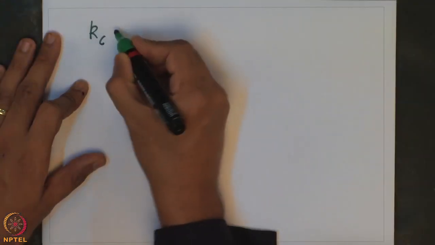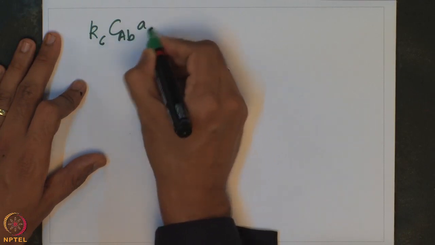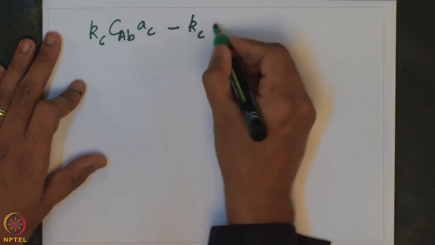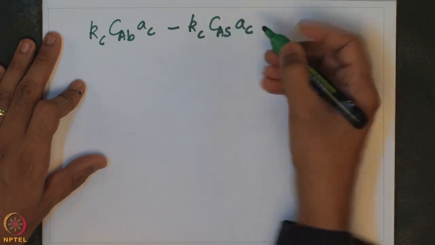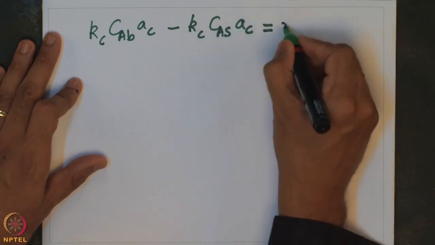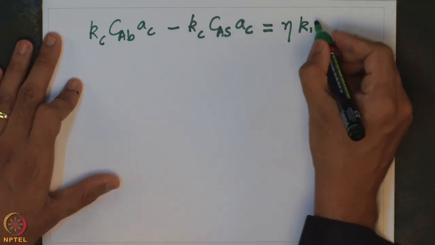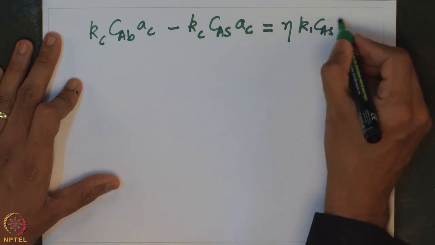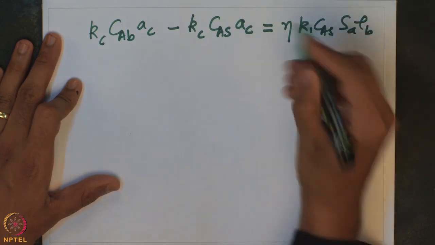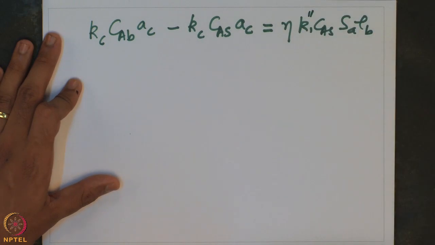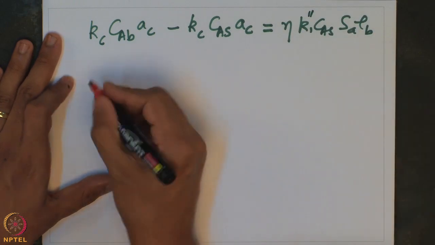So, the algebra suggests that Kc into C_AB into A_c minus Kc C_AS into A_c should be equal to eta K1 C_AS into S_A into rho_B.